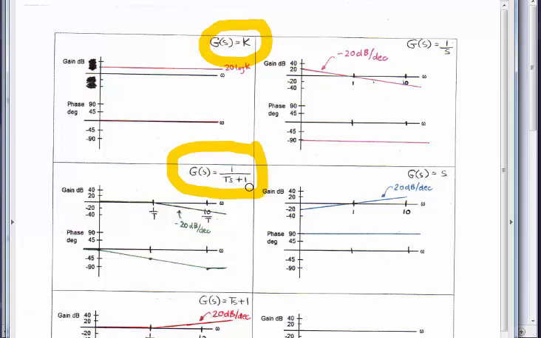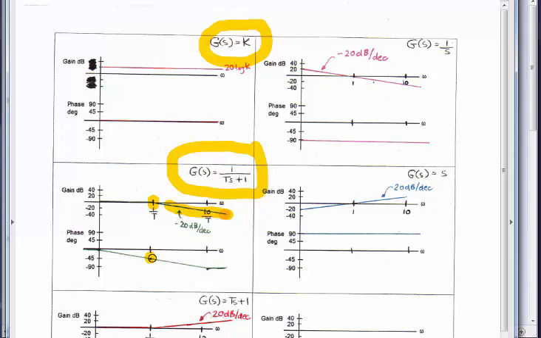If we do, when we go to plot it, we figure out what 1 over tau is. At that point on the graph, we know the gain will depart from being 0 dB and start to head down the graph at 20 dB per decade. And we know that at that 1 over tau, the angle will be minus 45.